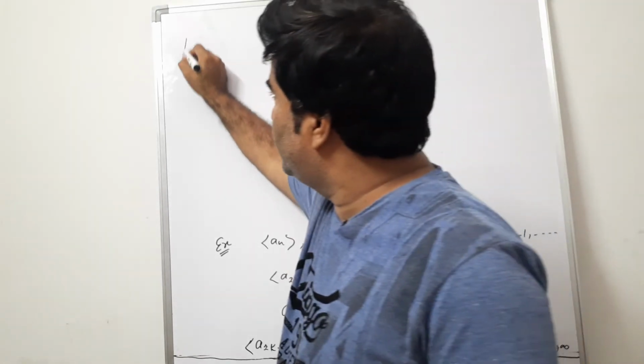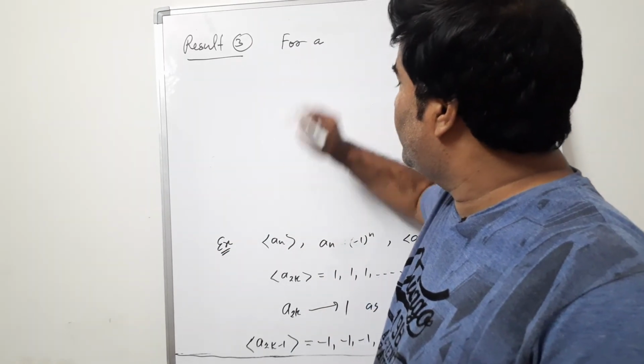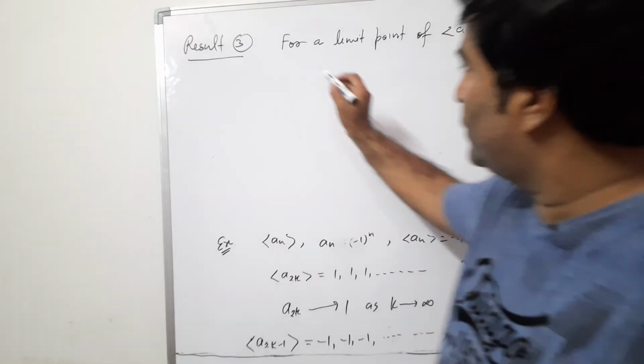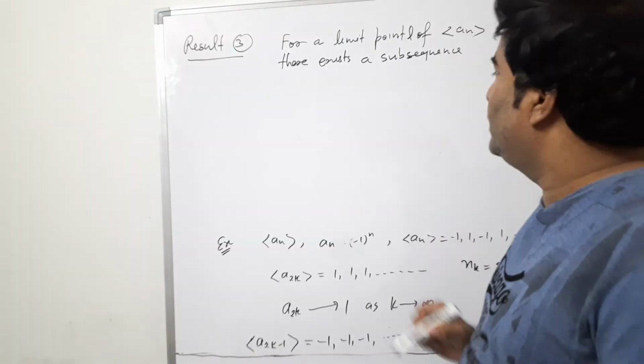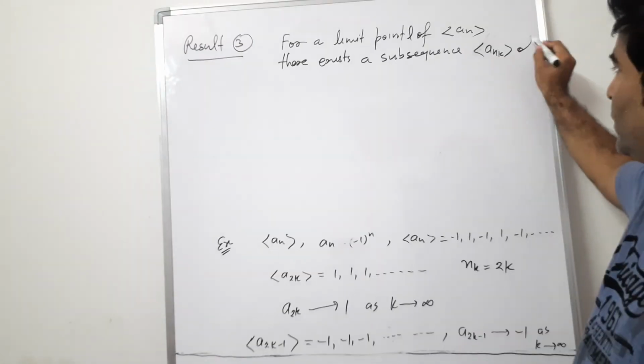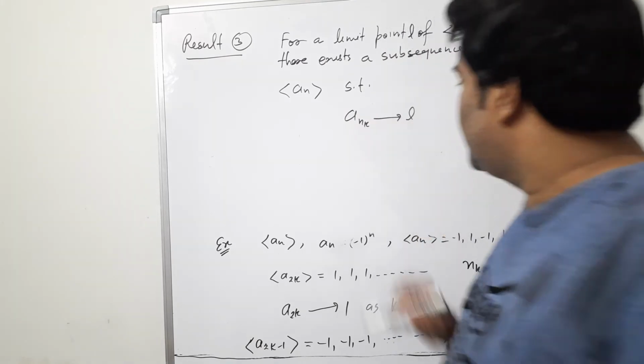So we can write: for a limit point L of a sequence a_n, there exists a subsequence, suppose a_n_k, of the given sequence a_n, such that this subsequence is convergent and converges to L as k tends to infinity.